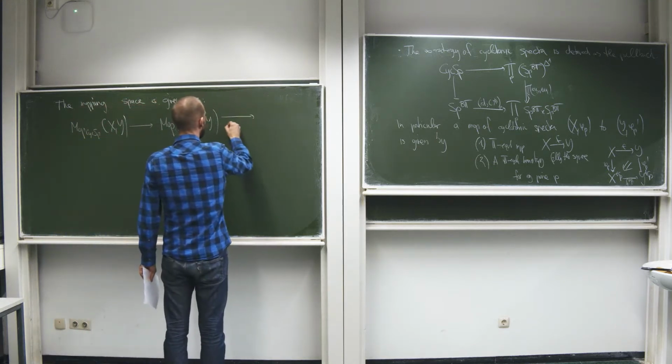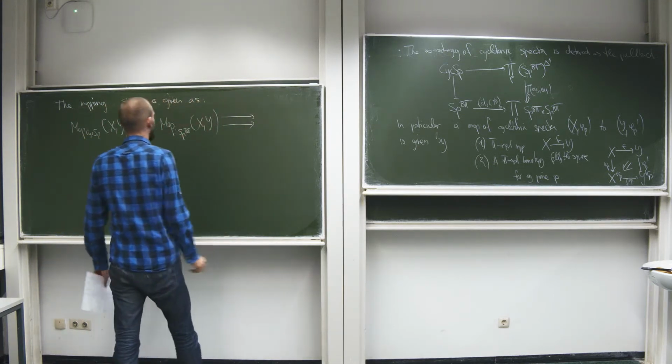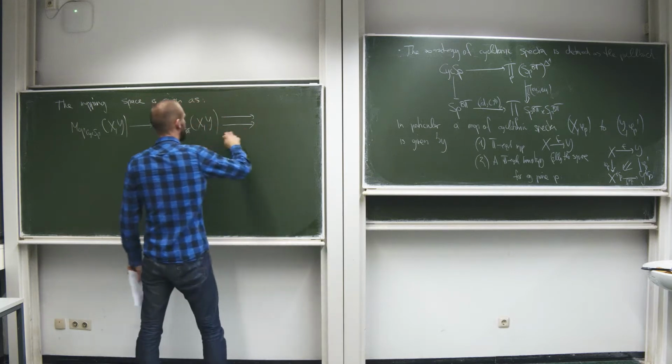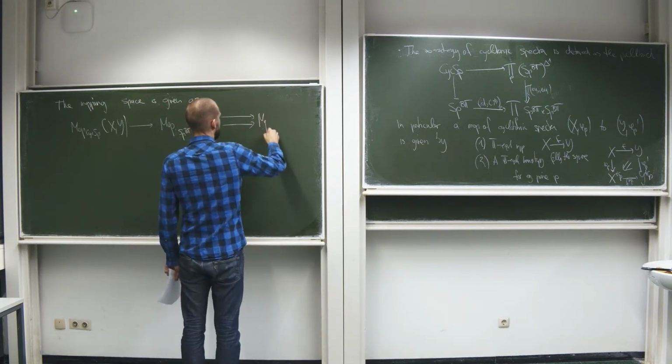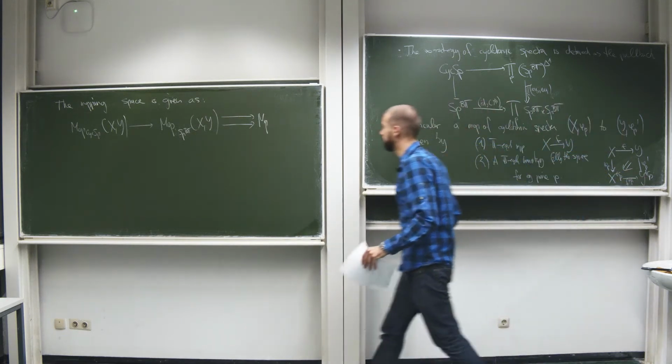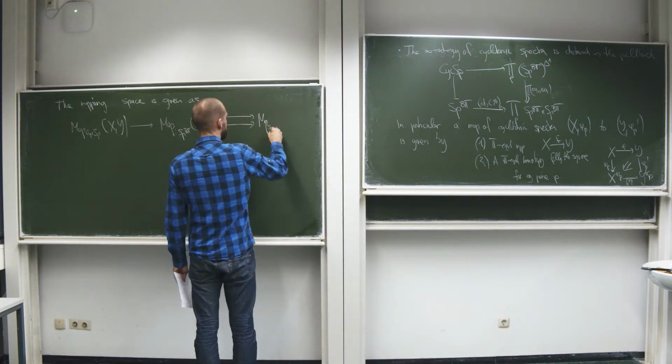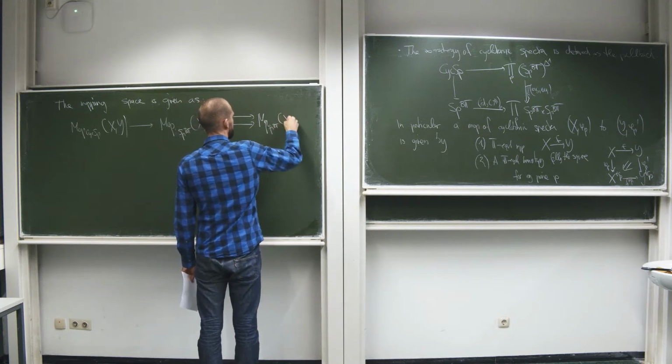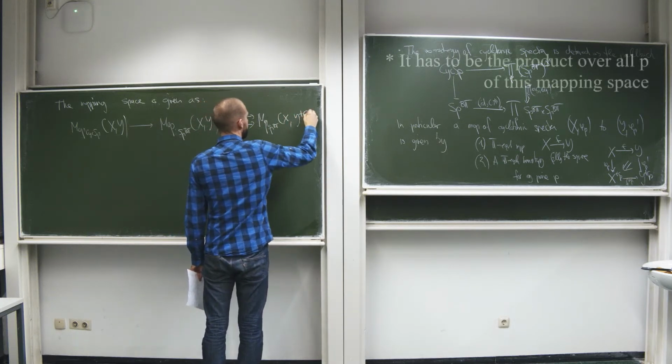And then there are two maps to the mapping space from X to Y Tate CP in spectra with T action.